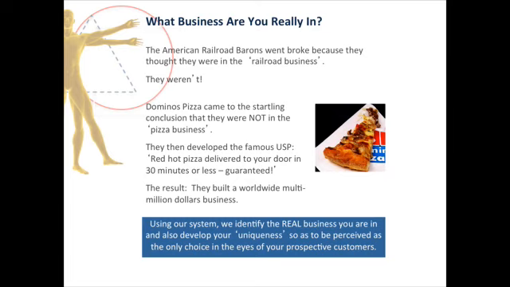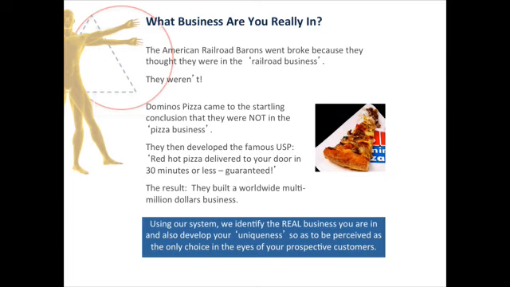And you've probably heard their famous phrase, their strapline: red hot pizza delivered to your door in 30 minutes or less, guaranteed. And from that, they built a multi-billion-dollar organization. It's one of the great success stories, but it's all built around recognizing the business that they are really in, and it wasn't pizza.